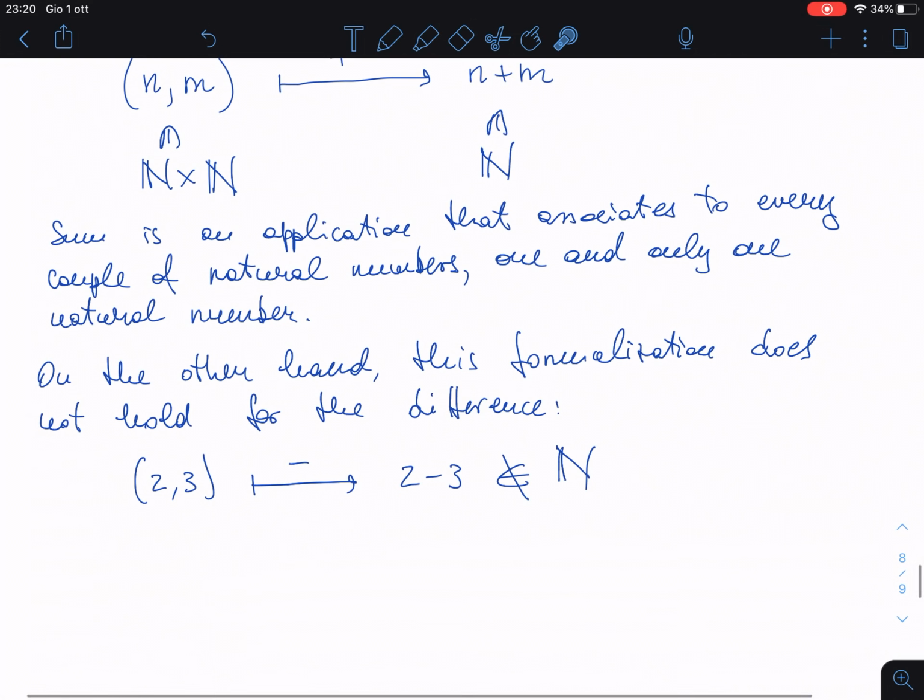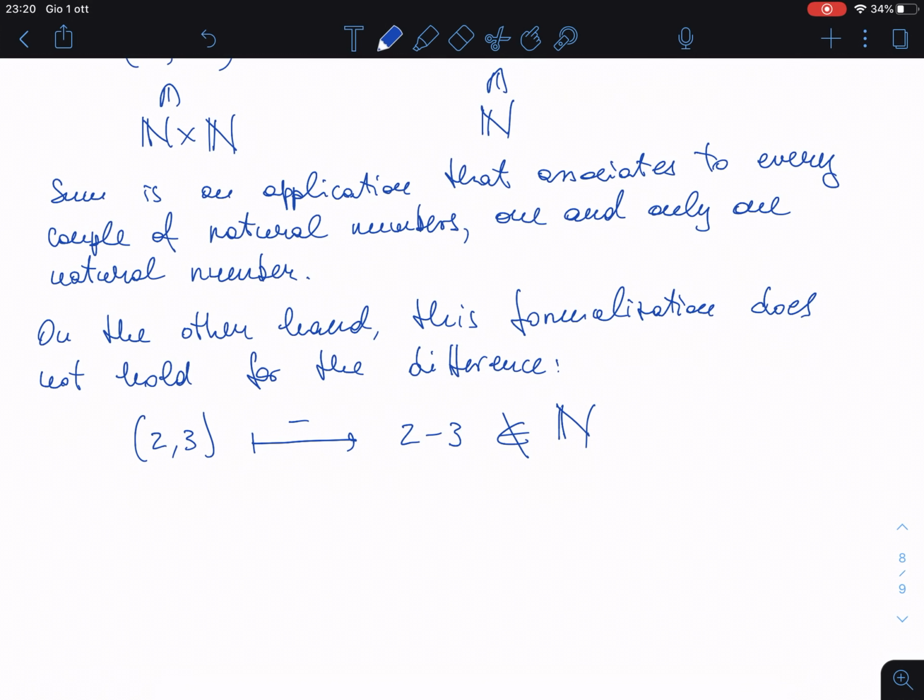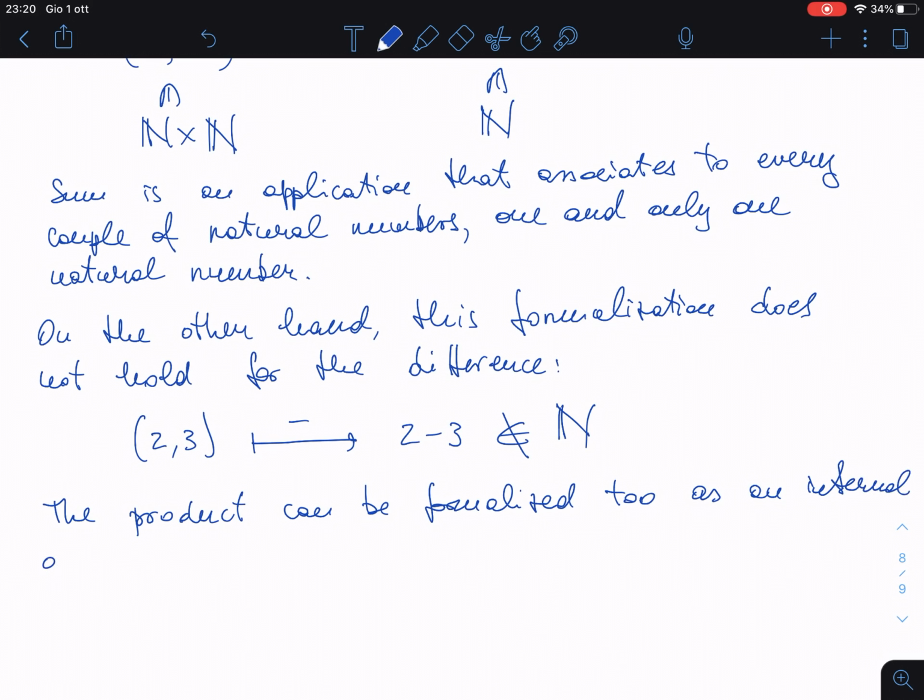So if you go further, you see that the product can be formalized as an internal operation in N. When you take the product of any couple of naturals, you end up with a natural. On the other hand, the ratio cannot.